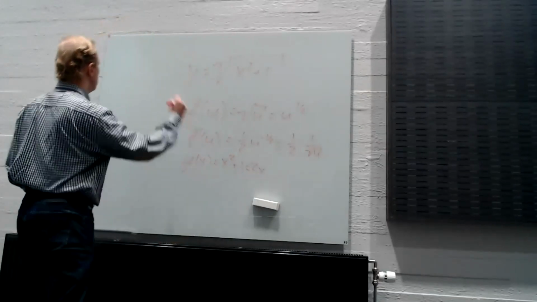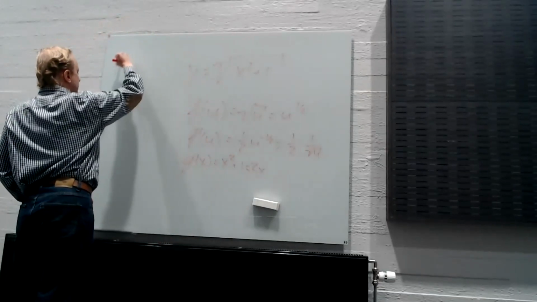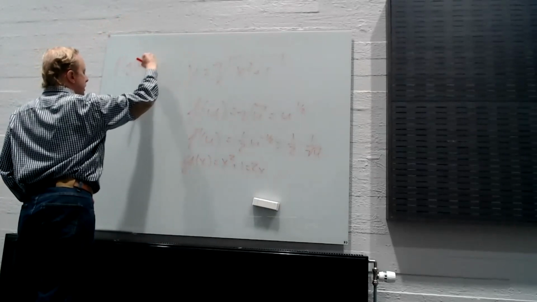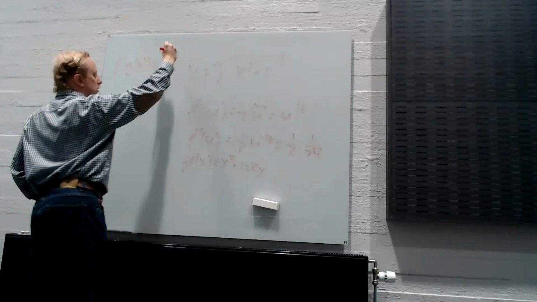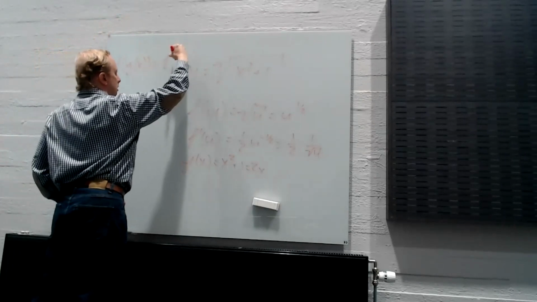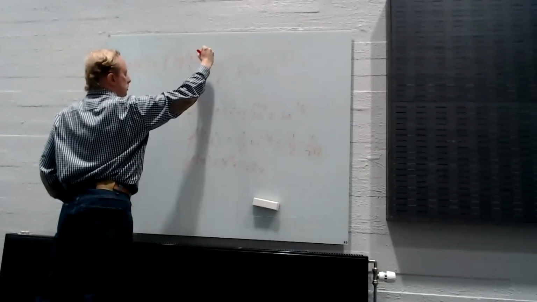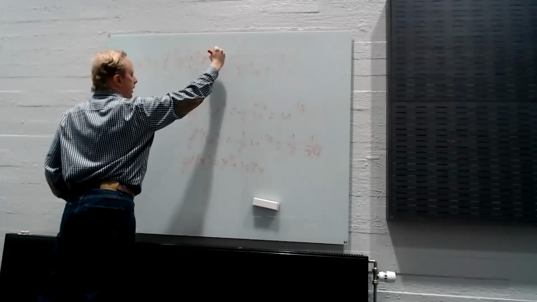And then the chain rule was that when we have f of g of x, that's f dash of g of x times g dash x.